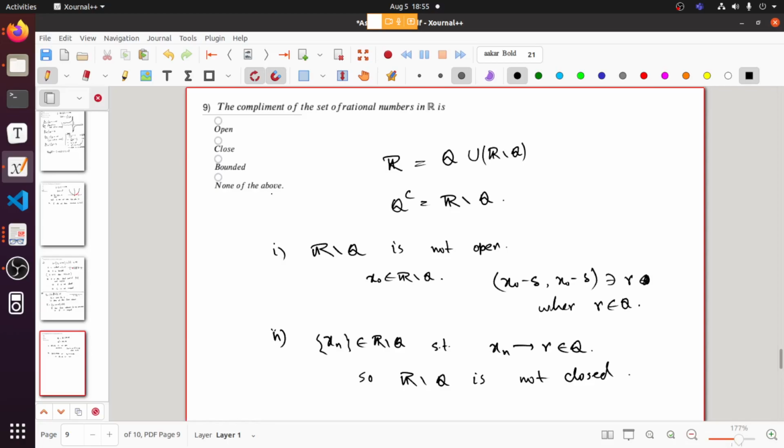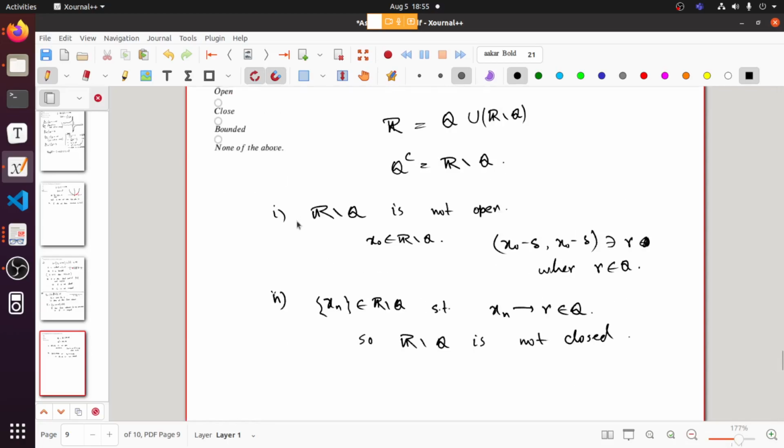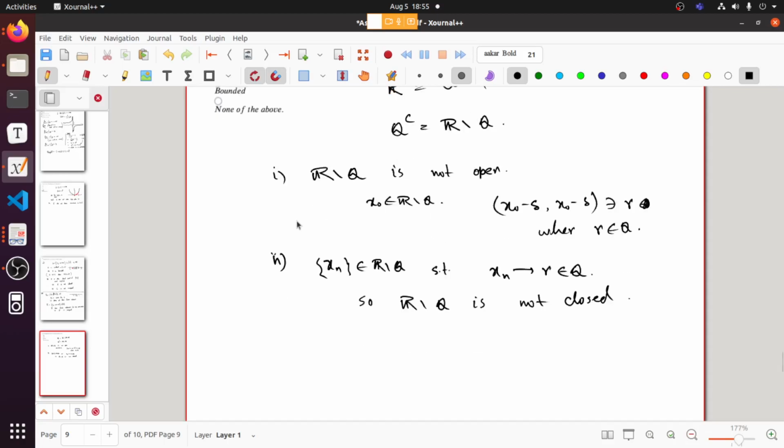Is it bounded? Is the set of irrational numbers bounded? No, right? You can always find some square root of n, where n is square free, and this will give an irrational number, right?